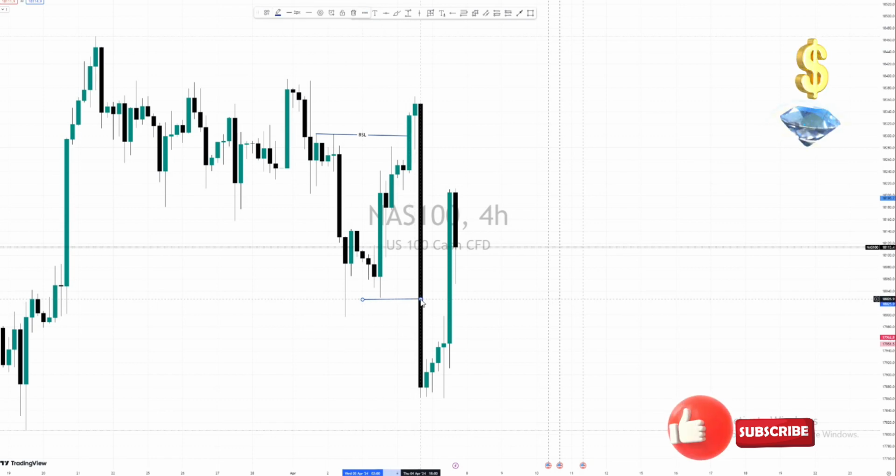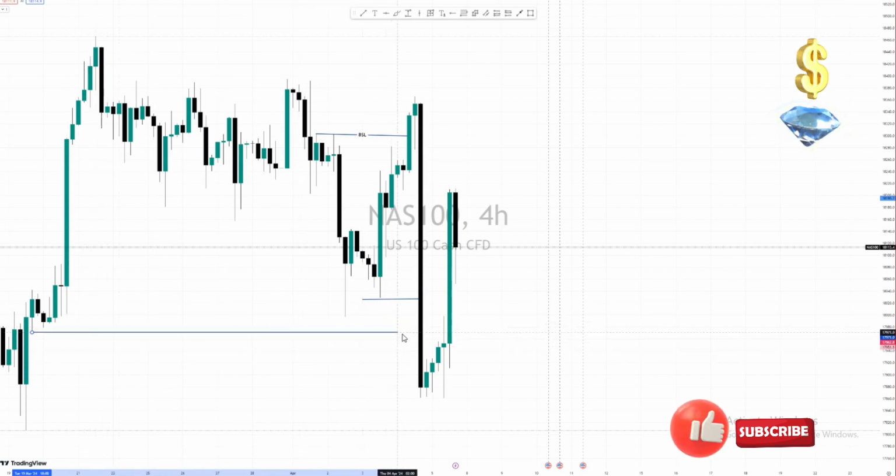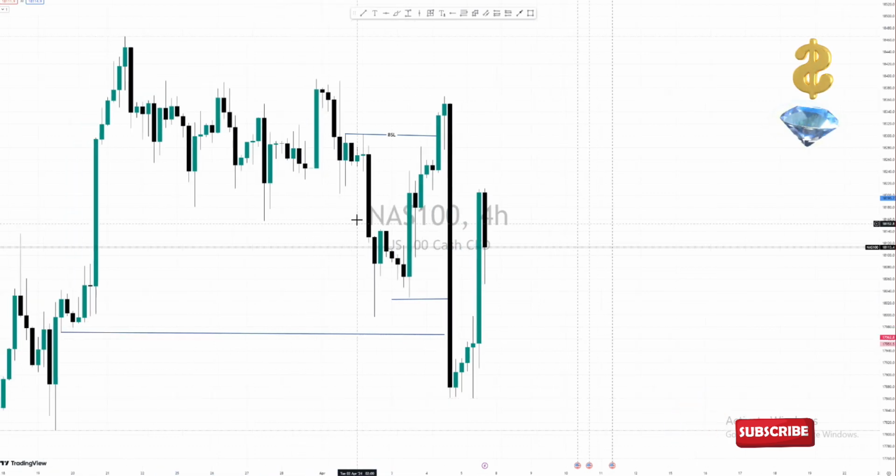Then this is another liquidity level here. Then we see price coming to tap them.